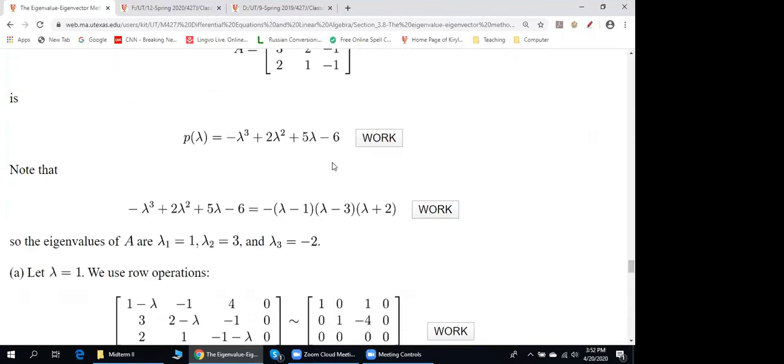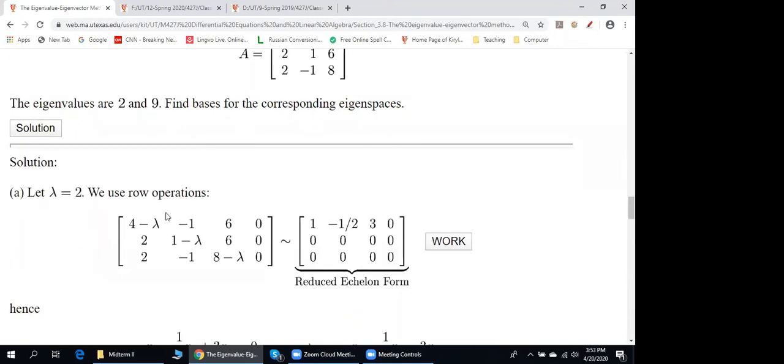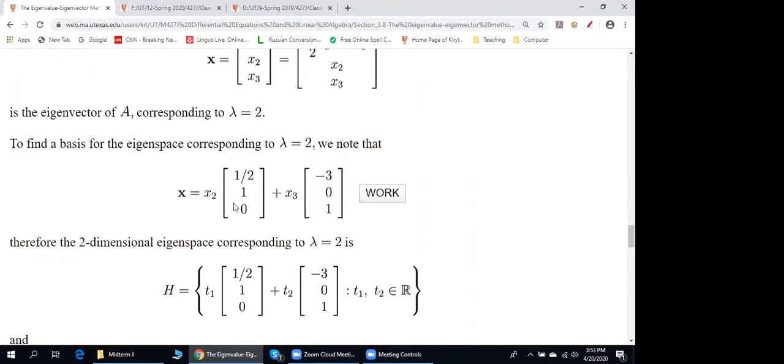Here's what I mean by that. Please take a look at this problem. Note that this is a 3x3 matrix. However, this 3x3 matrix has only two distinct eigenvalues. Fortunately for us, the eigenspace corresponding to lambda equal to 2 is two-dimensional.